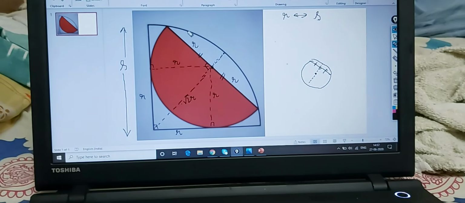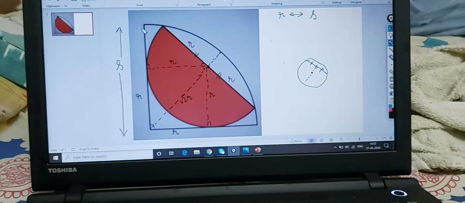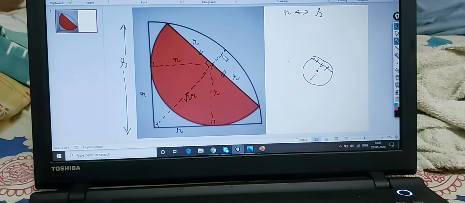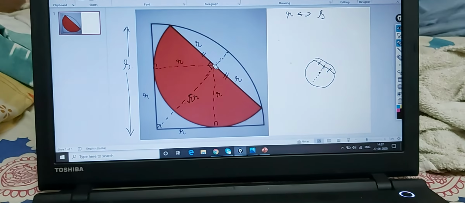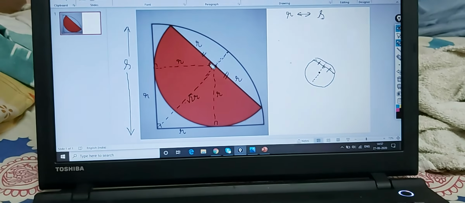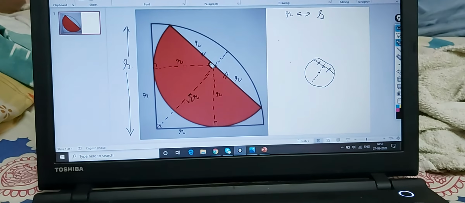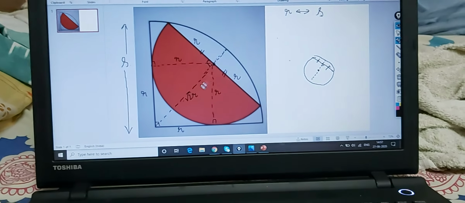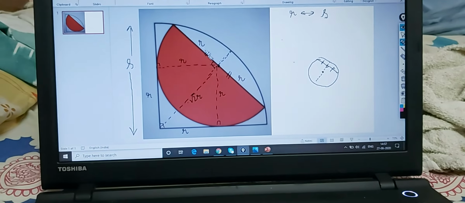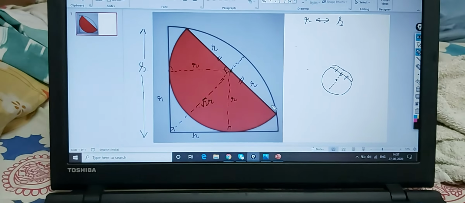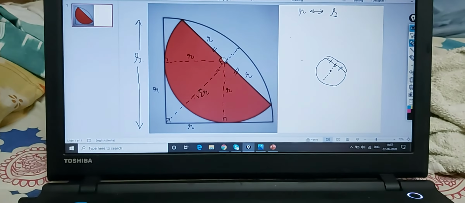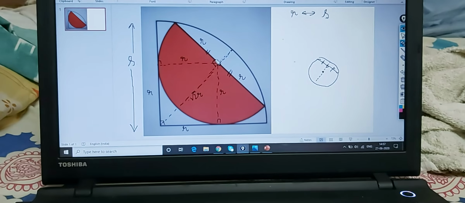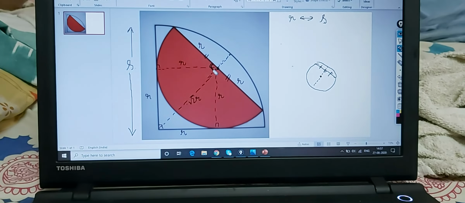So similarly, for this quarter circle, this line should act as a perpendicular bisector because this should pass through the center. There is no other way this line can be, since it's bisecting the chord. This is one bisecting part and this is the other, r. So this should be a perpendicular bisector. So you get this angle as 90 degrees.